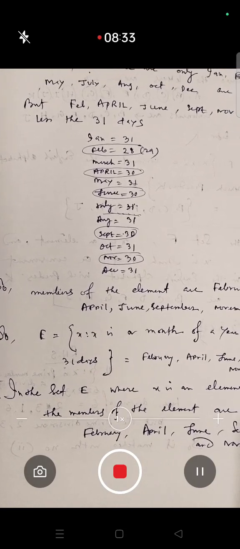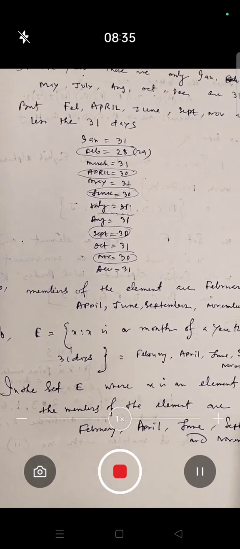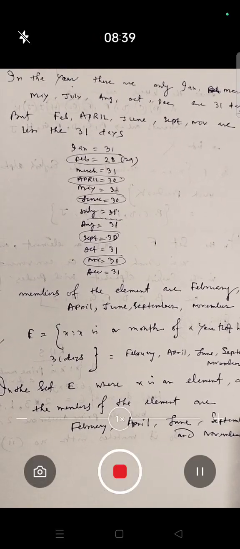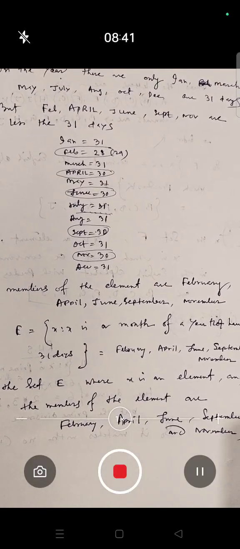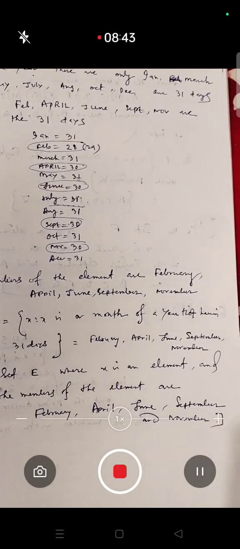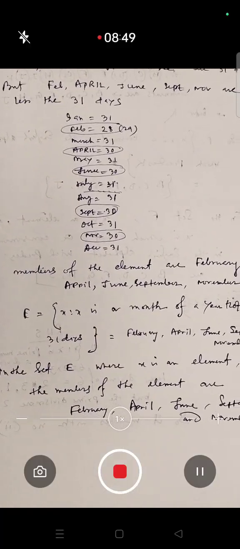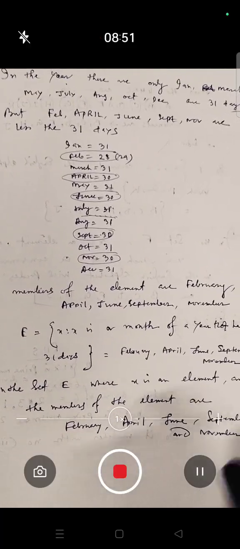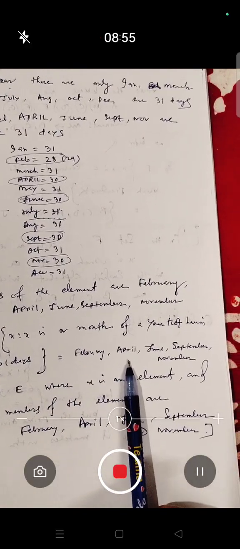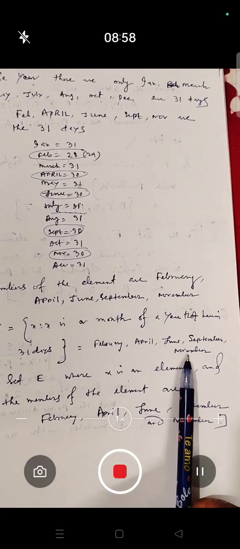So we write it: E is a set where X is an element and X is such that X is a month of the year not having 31 days. That is, February, April, June, September, November.